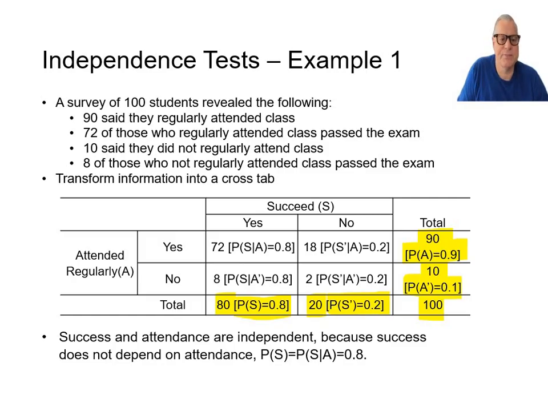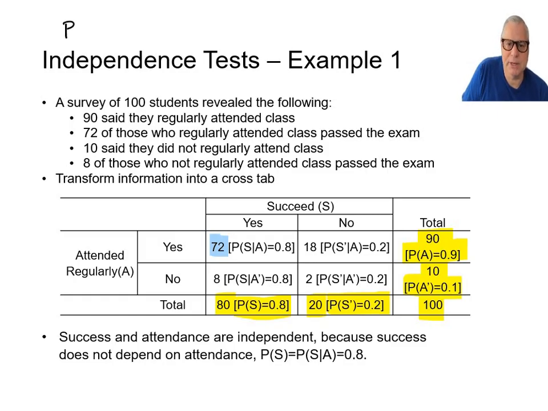Okay, so that's 72. 72 out of the 90 who regularly attend passed the exam. So now what we need to do is calculate the conditional probability.